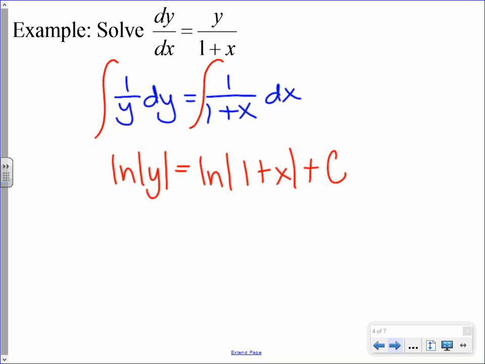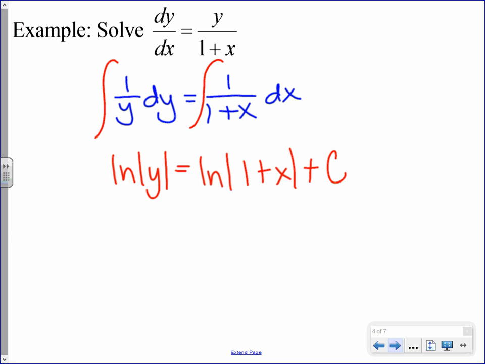Now we need to solve for y. What is the inverse function of the natural log? Okay.